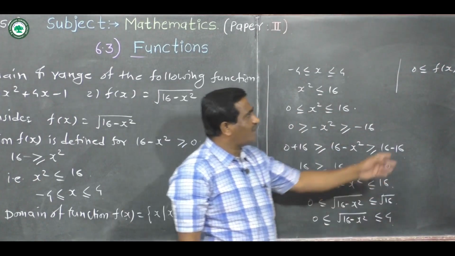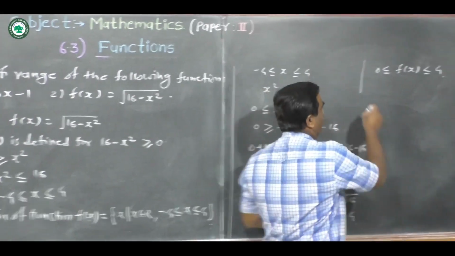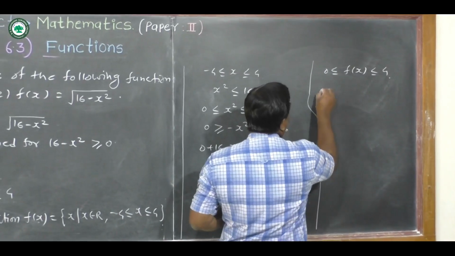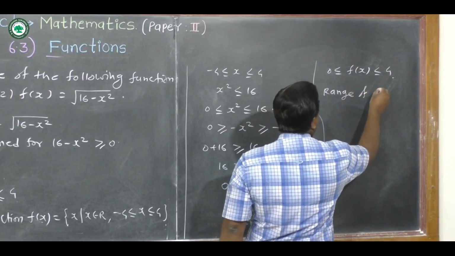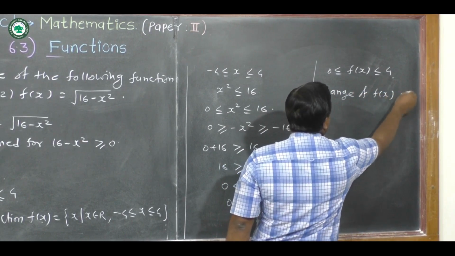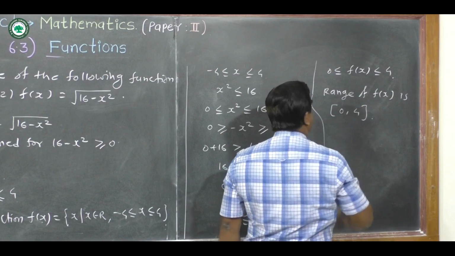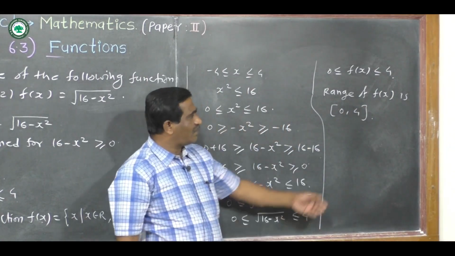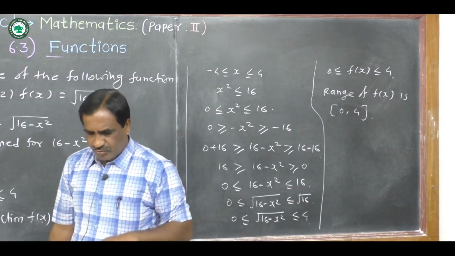F of x lies between 0 and 4. Therefore, the range of the function f of x is the closed interval 0 to 4. The values of f of x lie between 0 and 4, including 0 and 4.